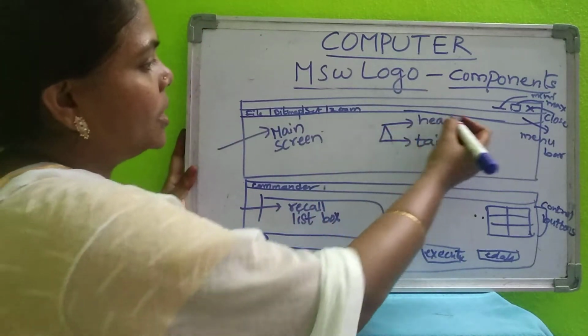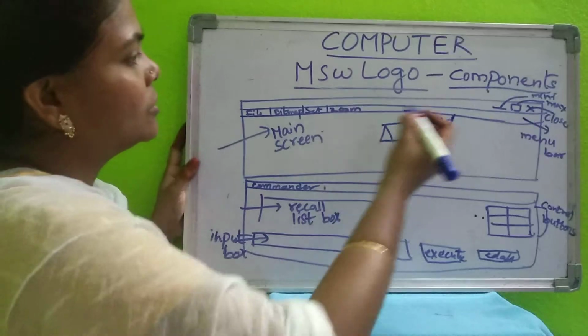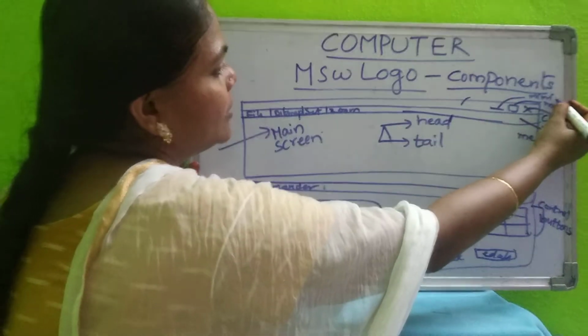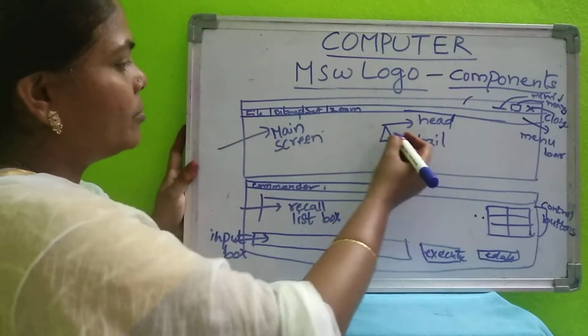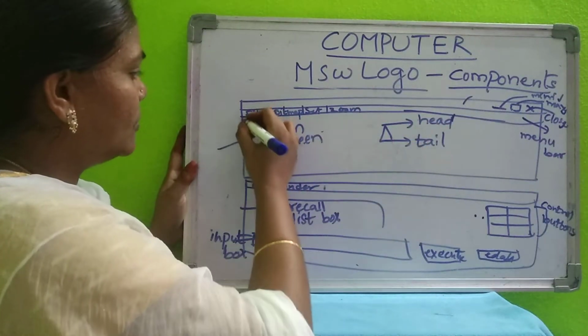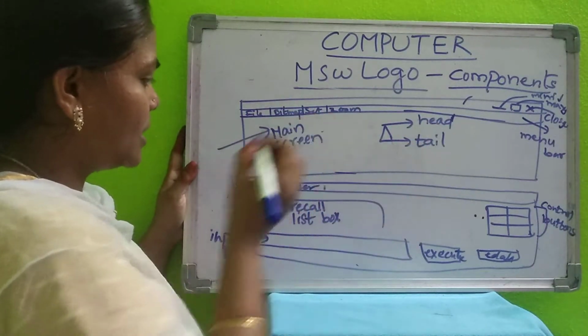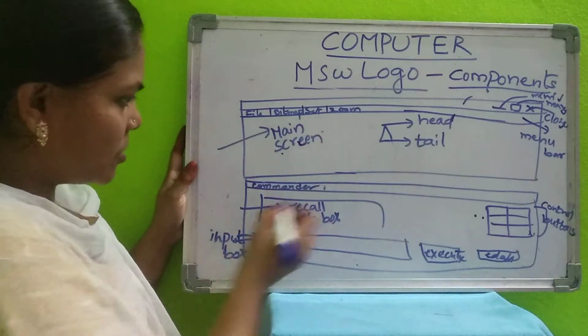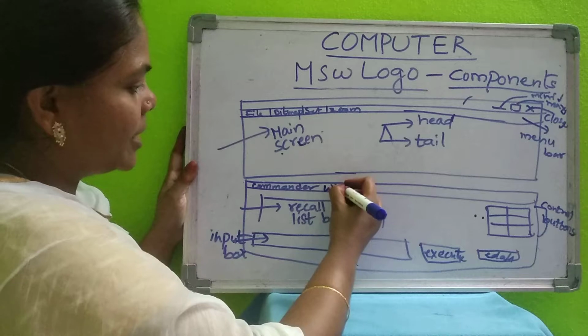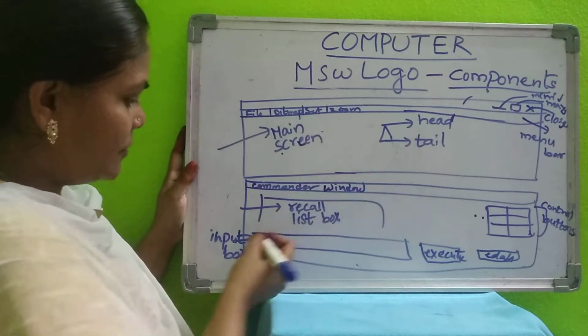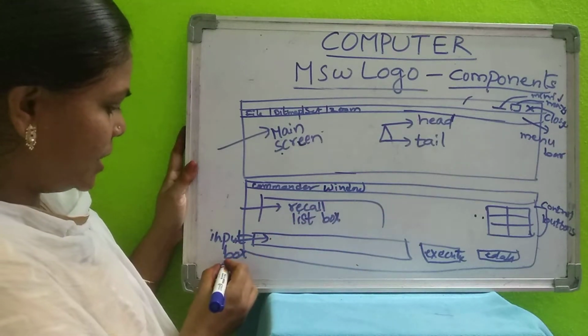How many components are there? This is the title bar. Here we have the minimize, maximize, and close buttons. And this is the menu bar. The first screen is called the main screen, and the other screen is called the commander window. Here we have the input box where we can give the commands.